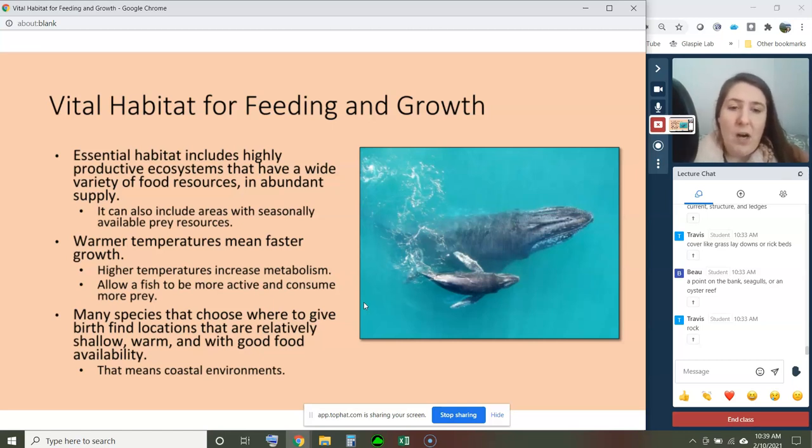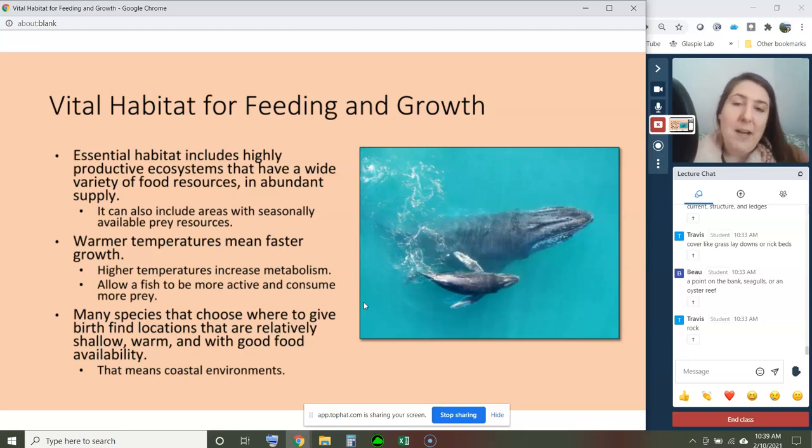And so organisms will use these habitats, especially for their juveniles, to grow. Warmer temperatures also mean faster growth. In many cases, as long as the temperatures aren't too warm, higher temperatures will increase metabolism and allow a fish to be more active and to spend more time foraging and eating prey and growing.